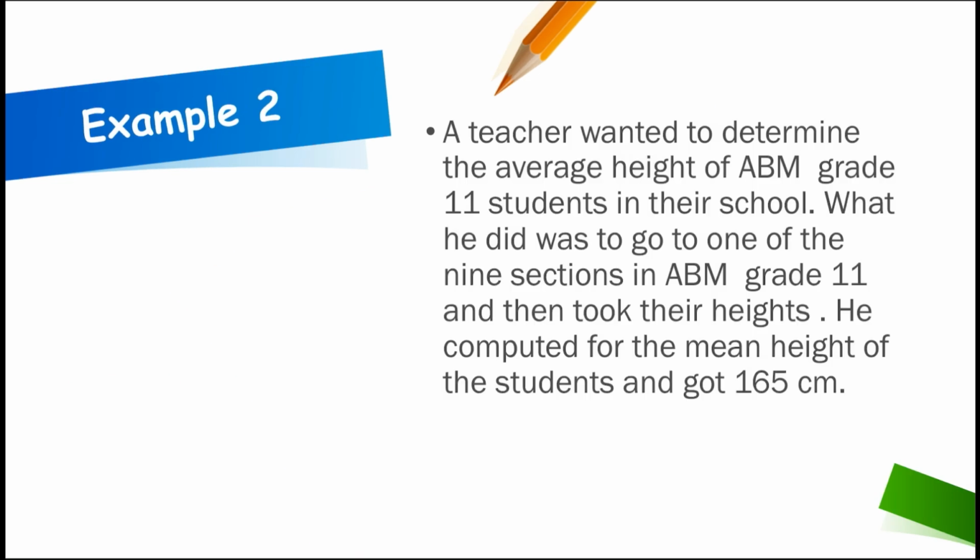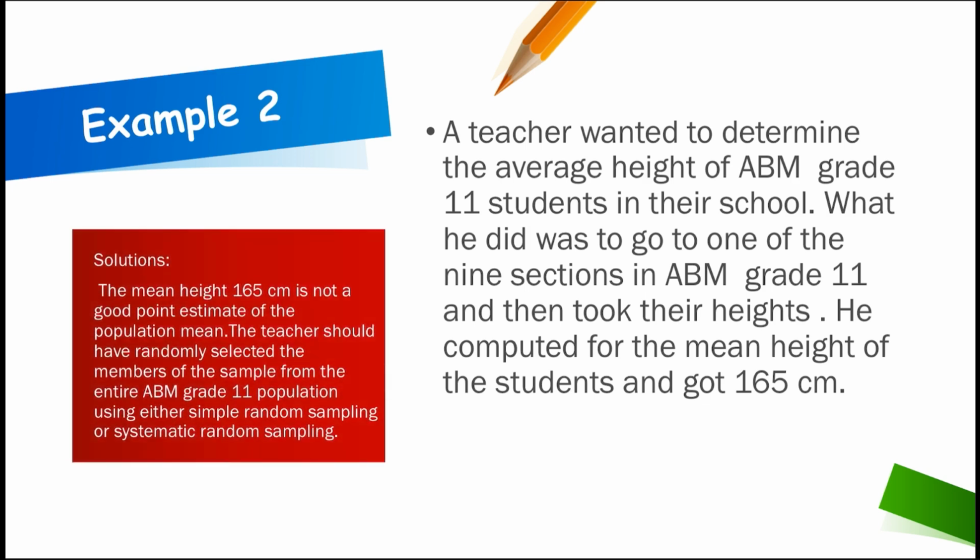Example 2. A teacher wanted to determine the average height of ABM grade 11 students in their school. What he did was to go to one of the 9 sections in ABM grade 11 and then took their heights. He computed for the mean height of the students and got 165 centimeters.